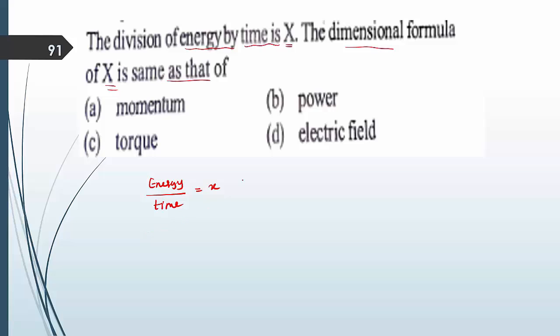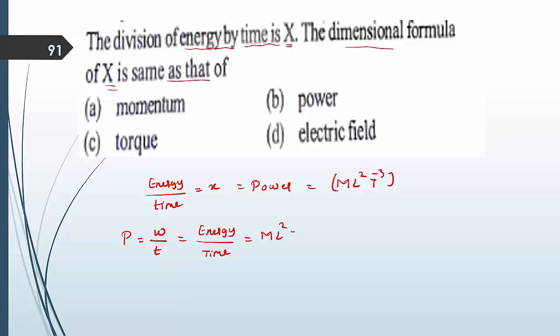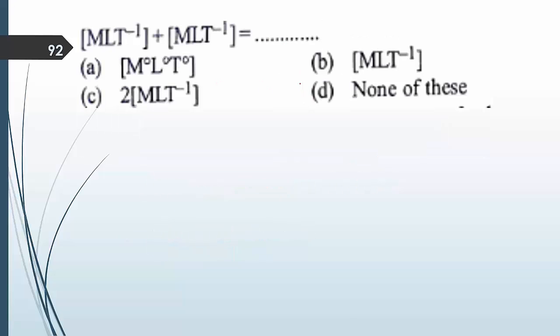So directly I can write it is equal to power. That means m L square t raised to minus 3. See here, we know that power equal to W by T, rate of doing work. So work done is equal to what? Energy over time. Energy over time gives power. So power is having dimension m L square t raised to minus 3. So power is equal to x. Option B is right.